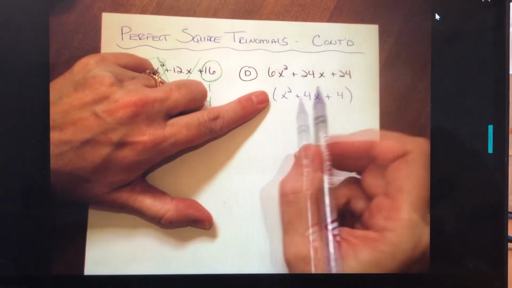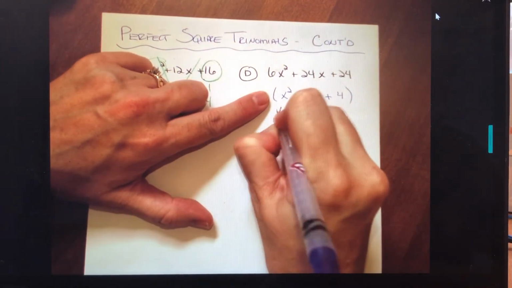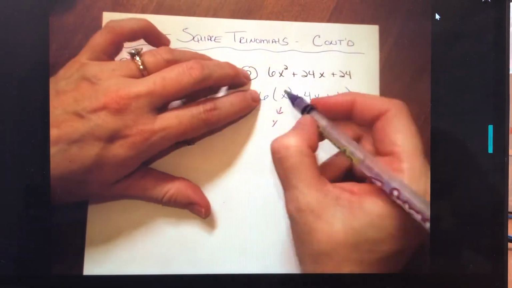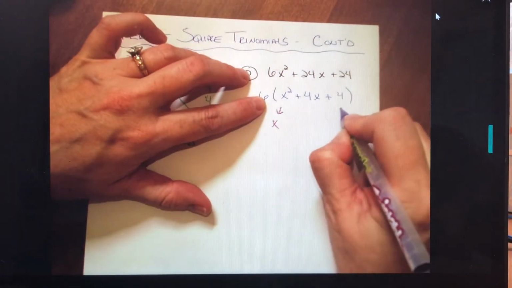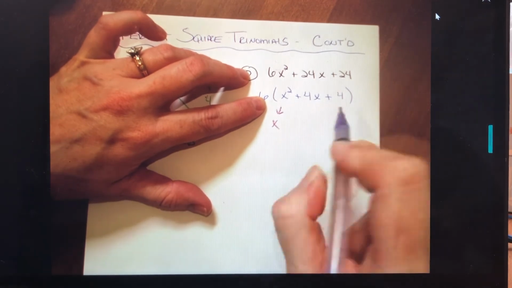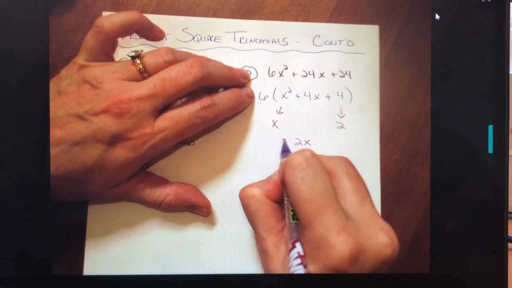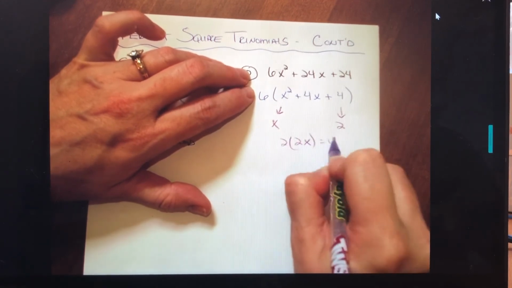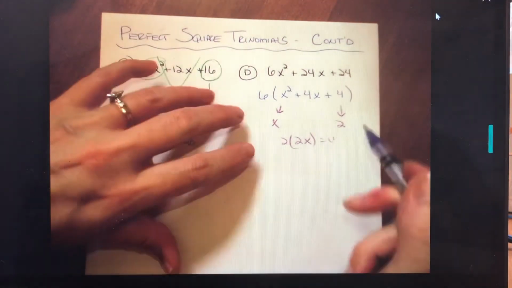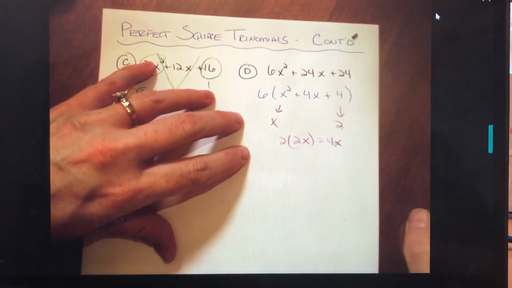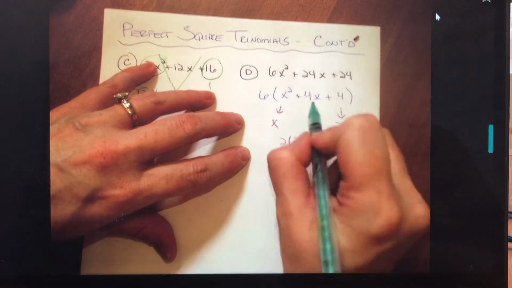But this is indeed a perfect square trinomial because this is an x that has been squared. This is a 2 that has been squared. And sure enough, if I multiply them by each other and double it, I get 4x, which is what is sitting there in the middle. Okay, so this is what's here.